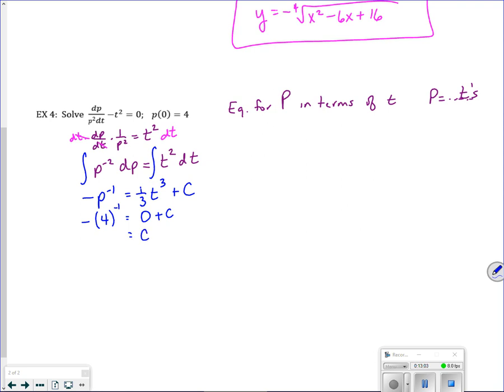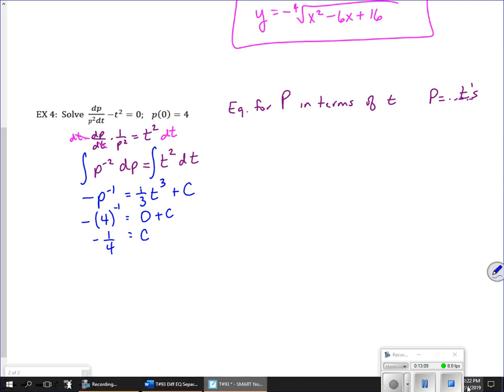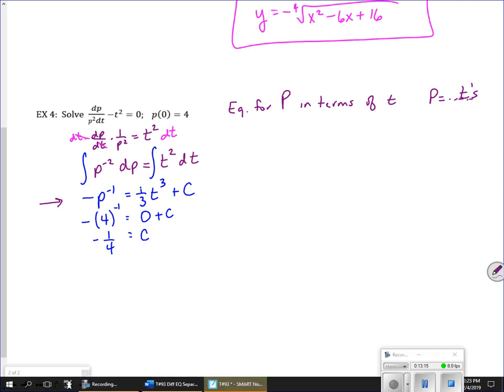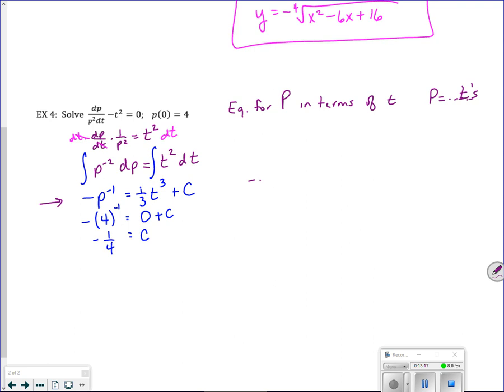So what is that equal to? And so I have negative 1/4. So my C is negative 1/4. So where do I plug that in? I go right back to this line right here. I have negative p to the negative 1 is equal to 1/3 t cubed minus 1/4.